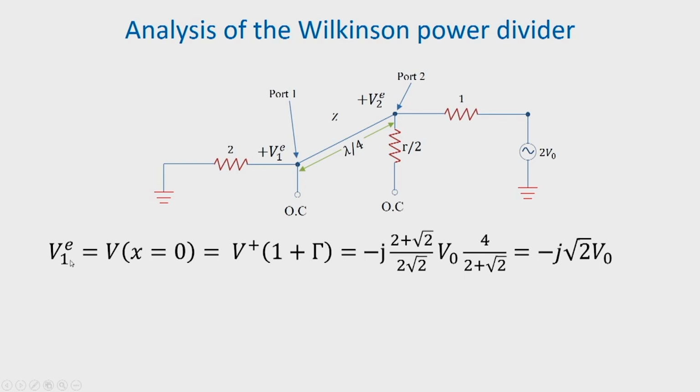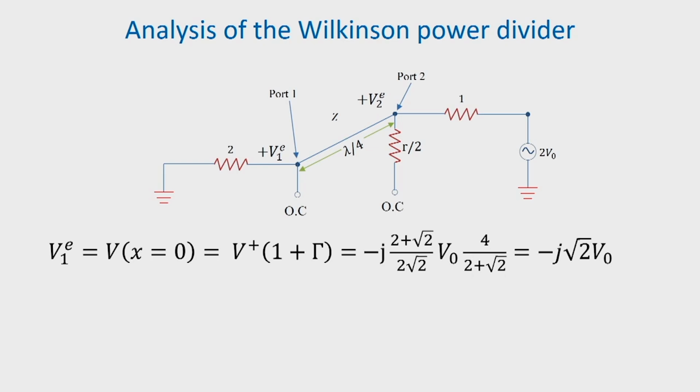So, V1^E is equal to V(x equal to 0), this becomes V plus into 1 plus gamma, and if we substitute the expression for V plus, it becomes minus j into 2 plus root 2 divided by 2 root 2 into V naught, and 1 plus gamma becomes 4 divided by 2 plus root 2.